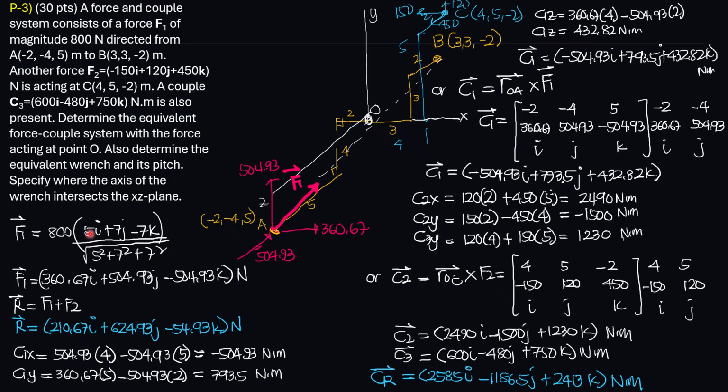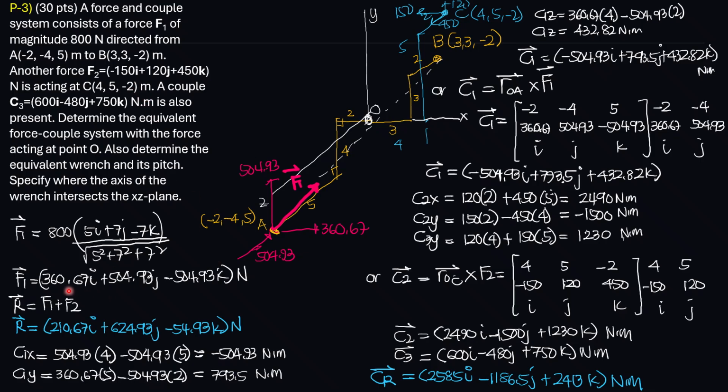Another way to obtain these components of the direction is 3 minus negative 2, so 5i. 3 minus negative 4, so 7j. Negative 2 minus 5 is negative 7k, divided by the magnitude. So it is 360.67i plus 504.93j minus 504.93k. Then plus F2.